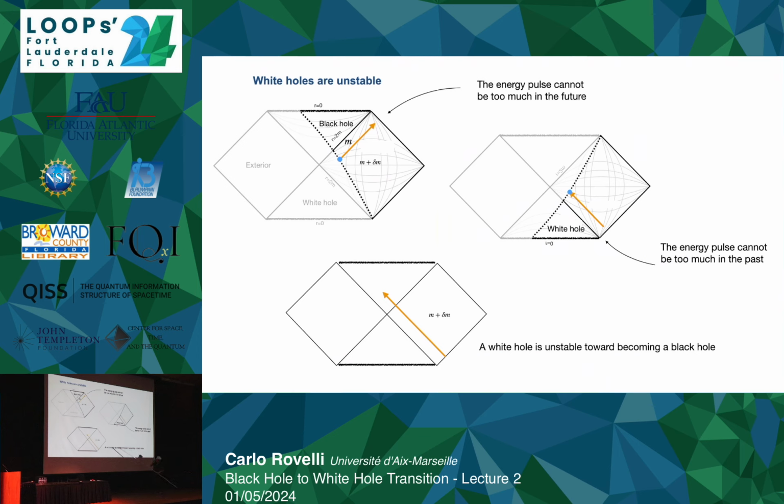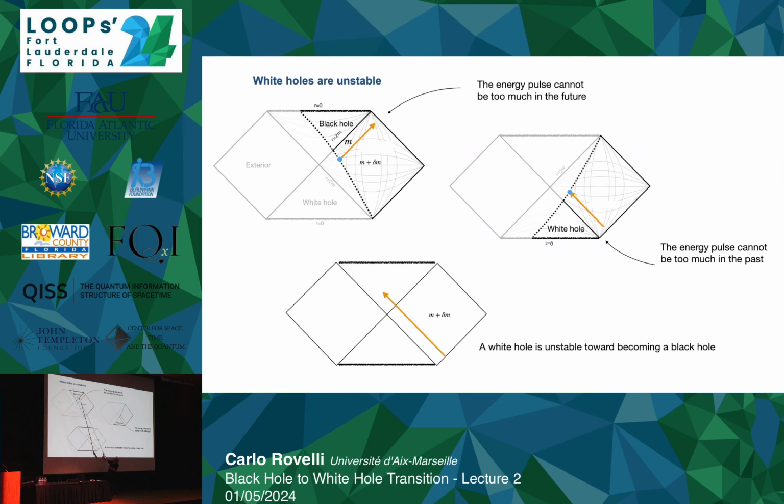So to understand why white holes are unstable, the best is to think about black holes. Imagine you have a star and a black hole, and imagine there's no incoming radiation. But let me add something. Let me imagine that here there is actually some radiation arriving at some time, a photon, which has been emitted by somebody sitting on the star at some time.